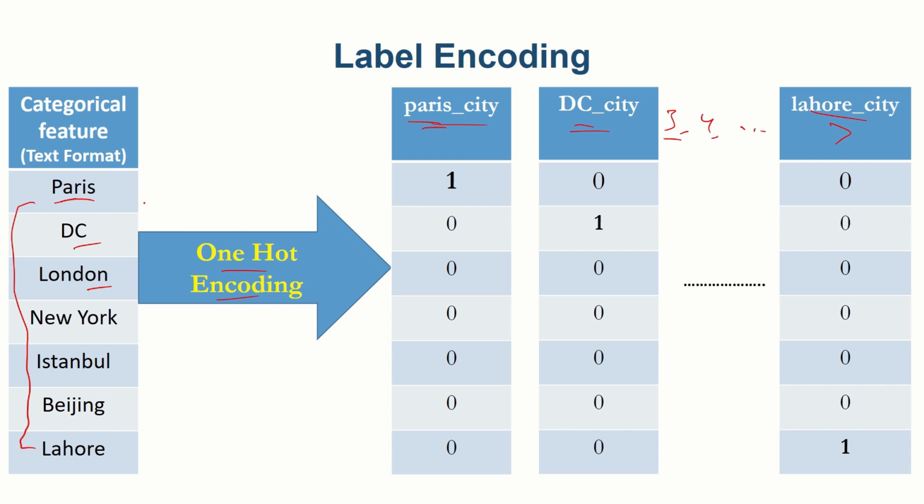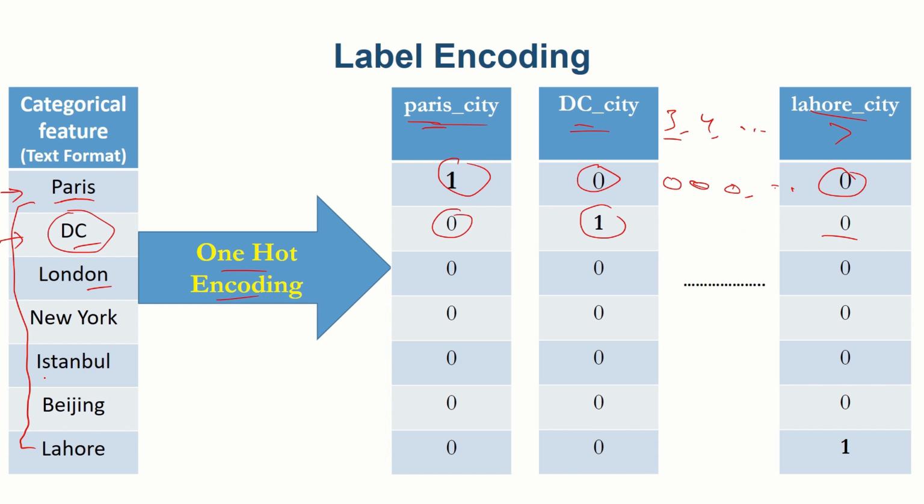Now it works in aspect of rows. In the row where there is Paris, we will place 1 in the Paris column and will place 0 in all of the other columns, right? And wherever there is DC in the row, we will place 0 in every column except DC's column, right?